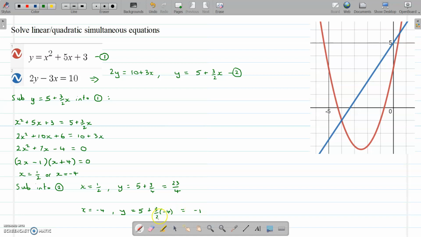So the four solutions are, there's the first x value, there's the first y value, there's the second x value, and there's the corresponding y value. And it also means that the coordinates of this point here are -4, -1, and the coordinates of this point here are 1/2 and 23/4. Okay, that's it.